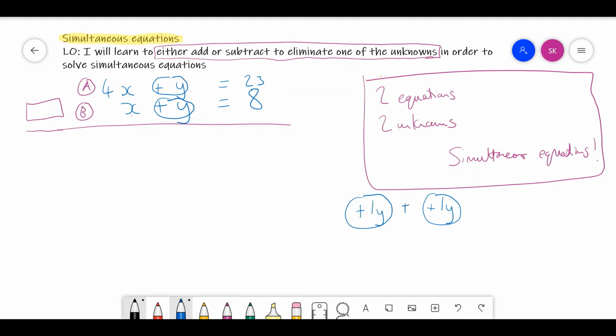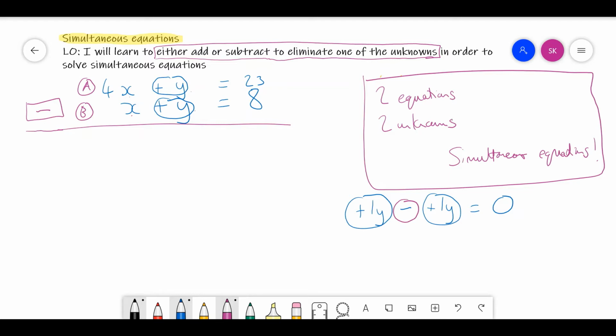Positive 1y plus positive 1y, how many y's do I have? Well, I've got positive 2y's overall. Have I eliminated the y's in that situation? No, I haven't. If I have positive 1y take away positive 1y, I've got 0y's, or 0. So, to eliminate these 2 y's in the question, I am going to take away. I'm going to write a subtract in that box.